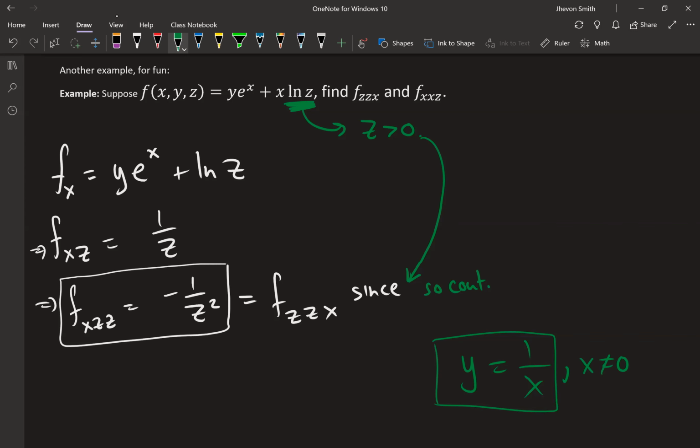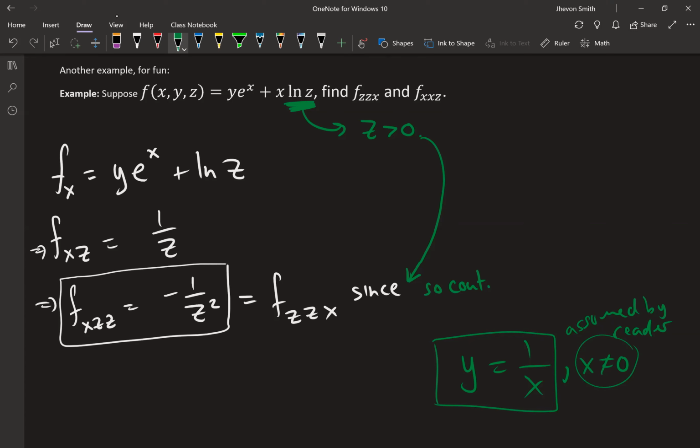But this would kind of be assumed by the reader, right? So it wouldn't make sense for us to write down ln of z if z were 0 or anything negative.